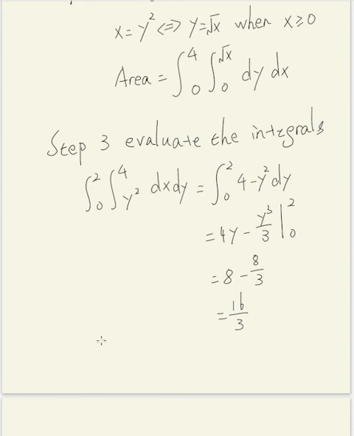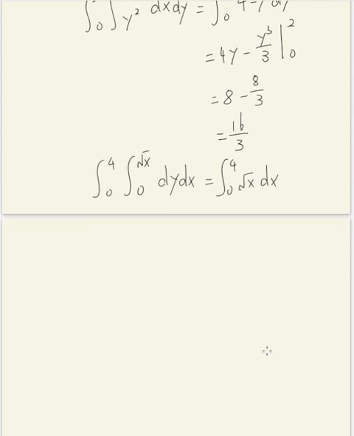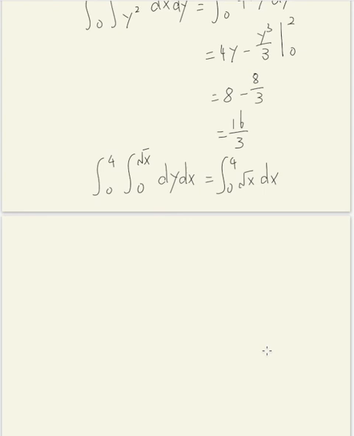All right, the second one, 0 to 4, and then 0 to square root of x, dy dx. This is the integral from 0 to 4, square root of x, dx. I sometimes have trouble integrating square roots, and when you have a long integrand with square roots involved, it's just hard to get my head around it.